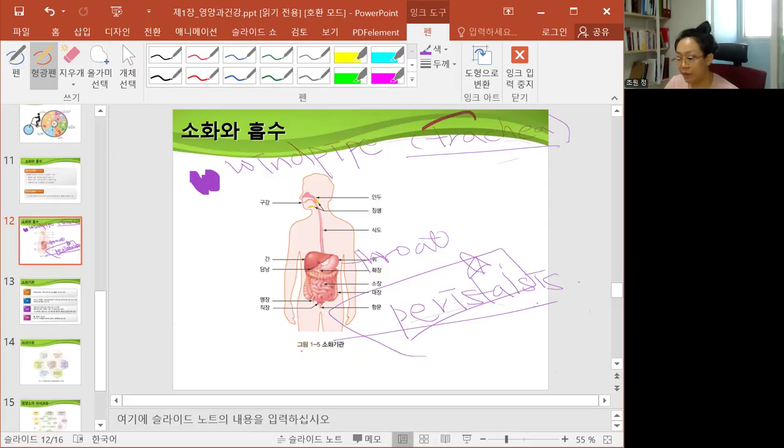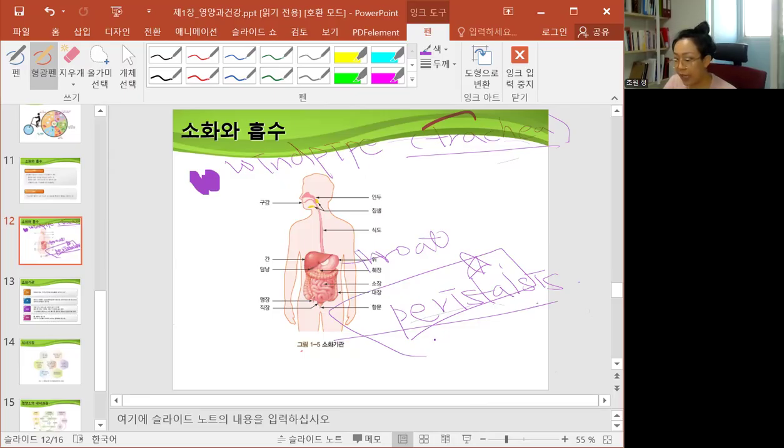To sum up the main points, after the mouth, food goes to the pharynx. The pharynx is the back of the throat. It pushes the food into the esophagus.